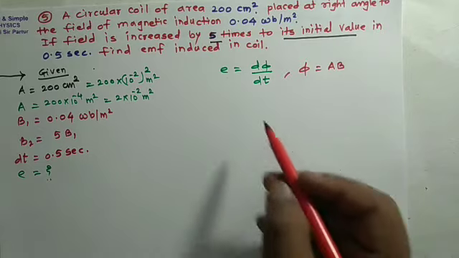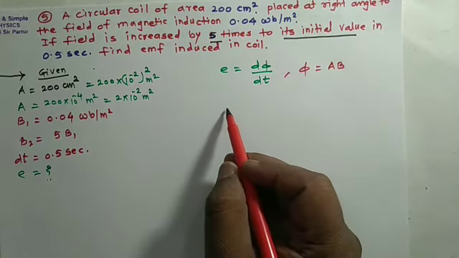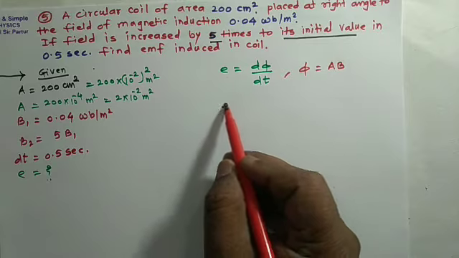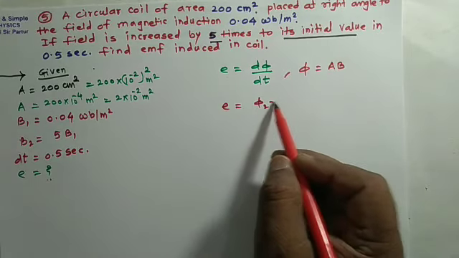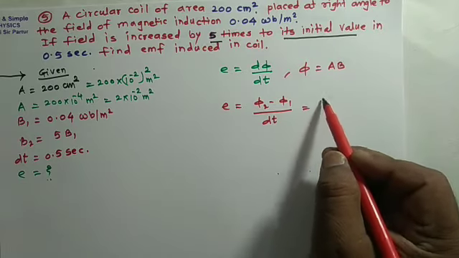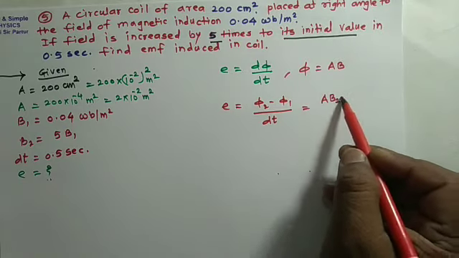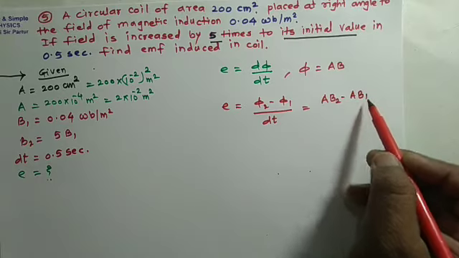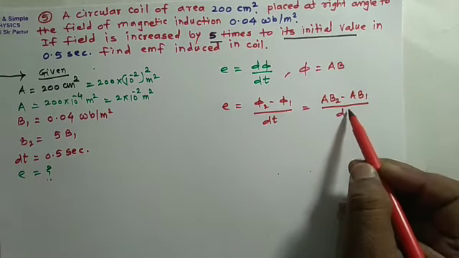So the change in magnetic flux will be phi 2 minus phi 1 upon dt, that is A B2 minus A B1 upon dt.